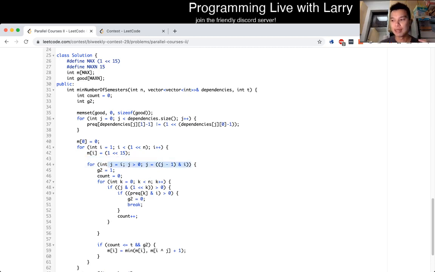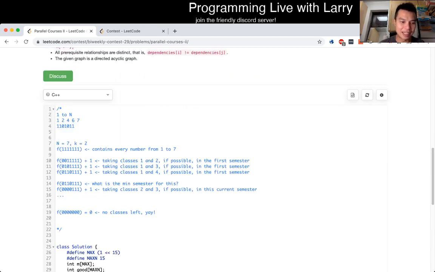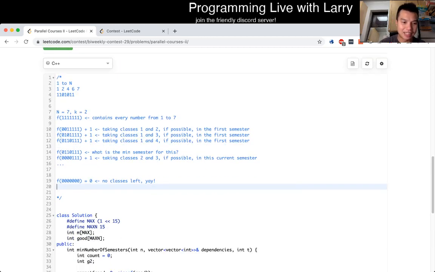Okay, for J it's a bit mask. So for example, let's start from the beginning, right? Or let's just take this one. So let's say we're here.